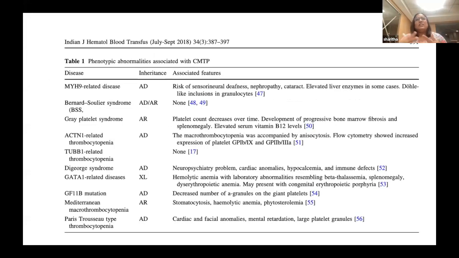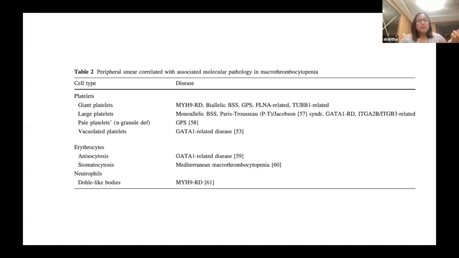After this, the most important tests to be ordered are the CBC and the peripheral smear. On the basis of the peripheral smear, we can make a certain diagnosis, or we can suspect a few disorders, and then we can order confirmatory tests based on the peripheral smear findings.